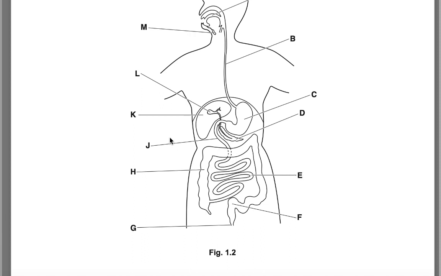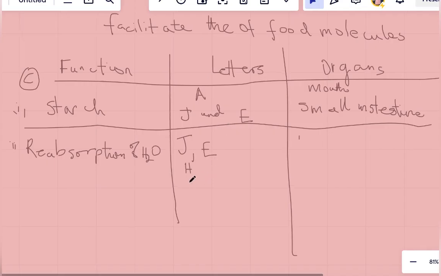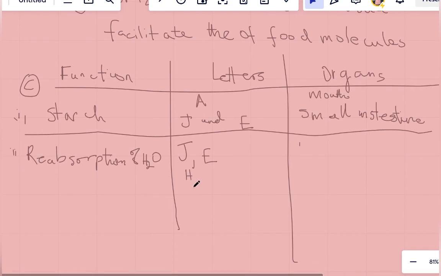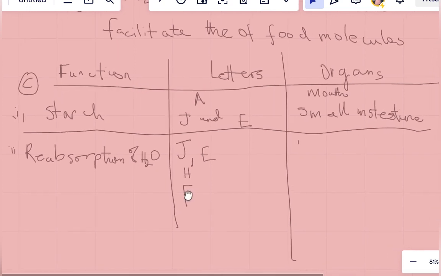So from J, E, H, and F in the rectum. F is the rectum, H is the large intestine. So it happens in the large intestine and also in F. Reabsorption of water happens in all these stages in the alimentary canal.